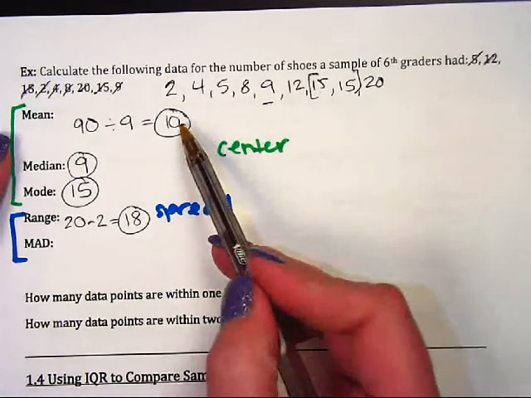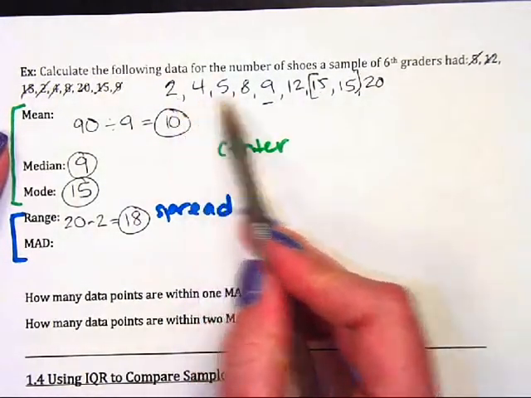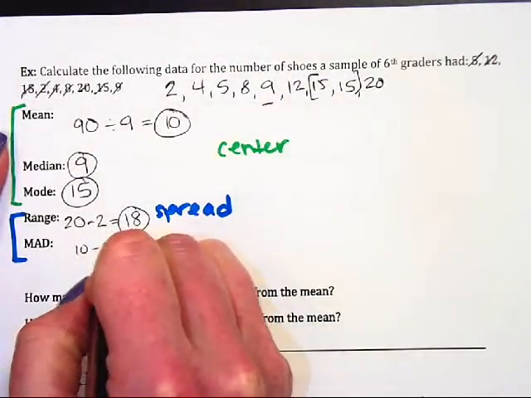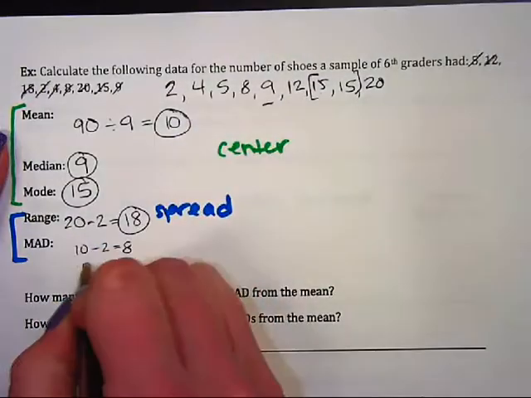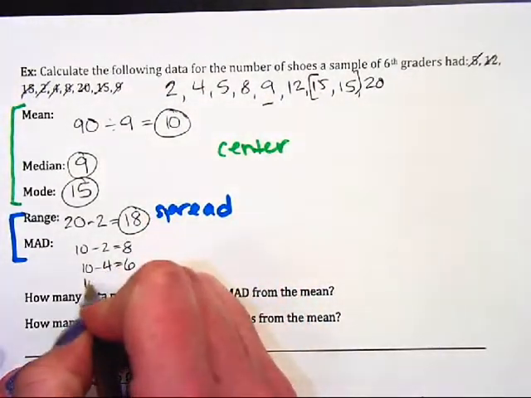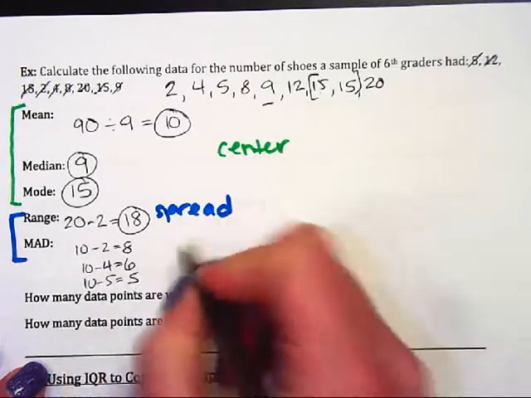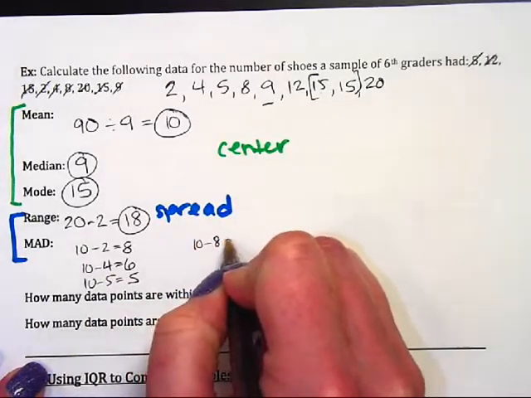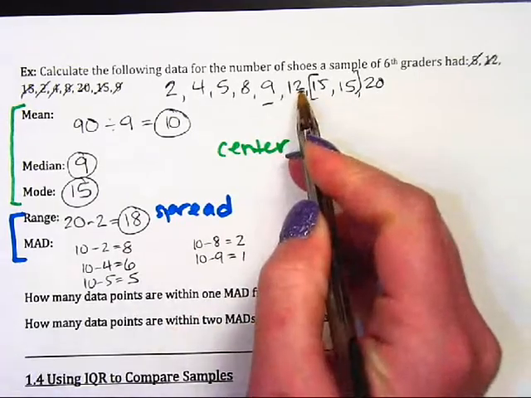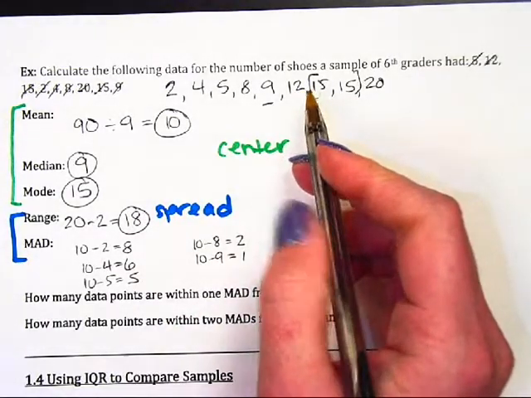I go back to my mean is 10, and every number in this list has to get subtracted from 10. So 10 minus 2, 10 minus 4, 10 minus 5, 10 minus 8, 10 minus 9, and I'm going to switch because I want it to always be positive.